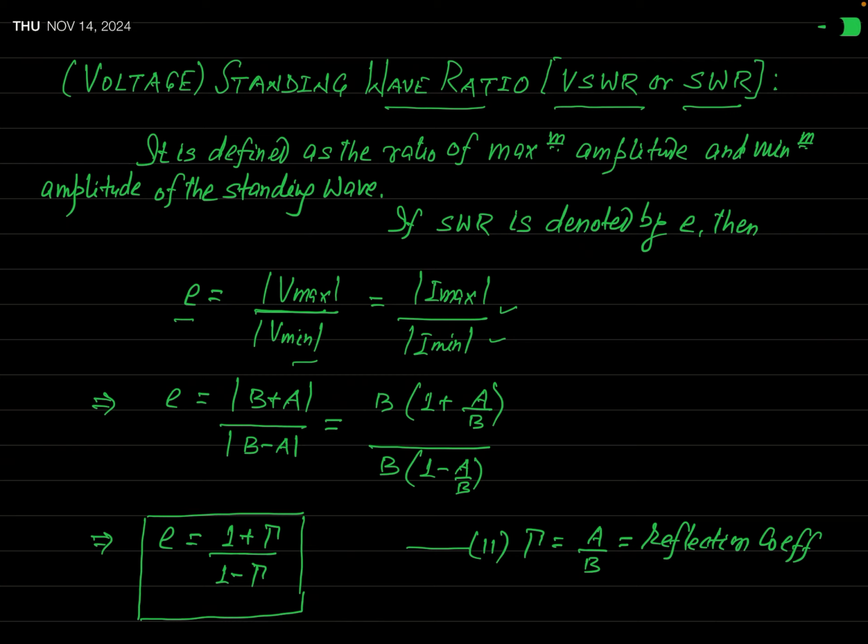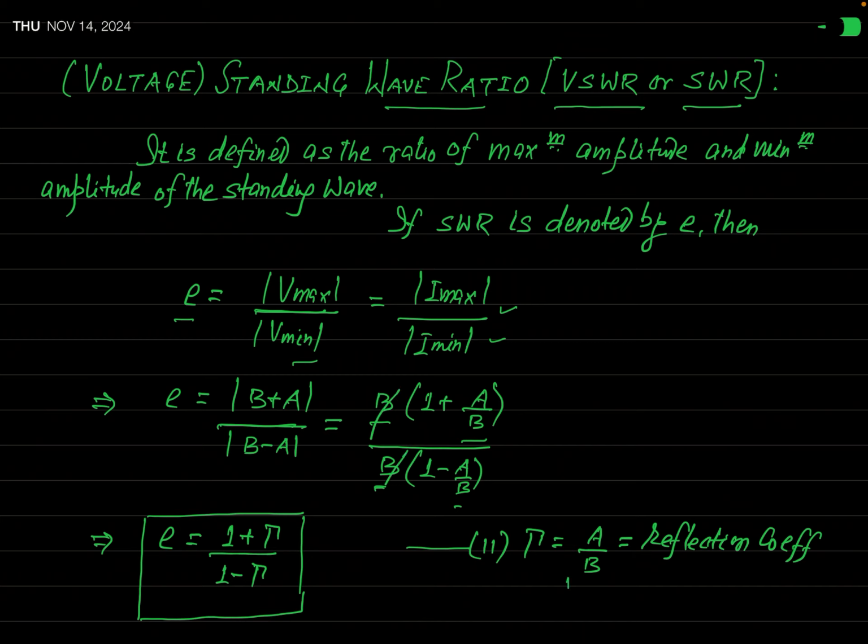But as you have seen earlier in the expression for voltage, when you take modulus of V max divided by modulus of V minimum, that will be simply equal to mod of B plus A divided by mod of B minus A. Now let us take B as a common factor in both the numerator and the denominator. The numerator will be B times 1 plus A by B, and the denominator will be B times 1 minus A by B. So now this B and B will cancel out.